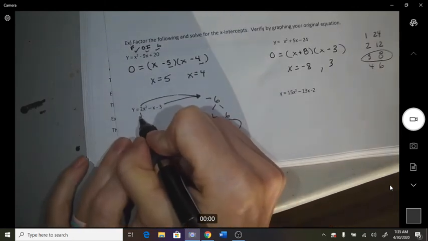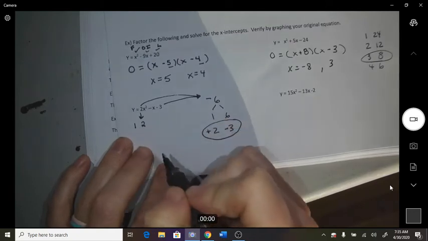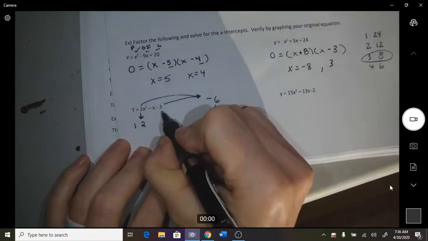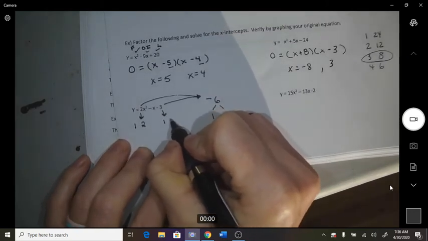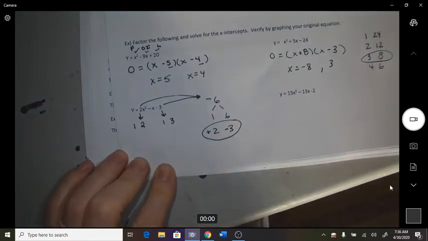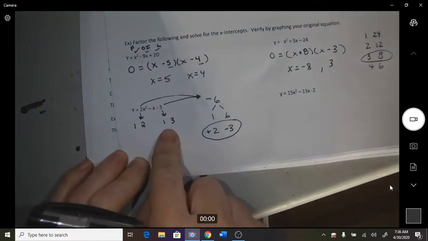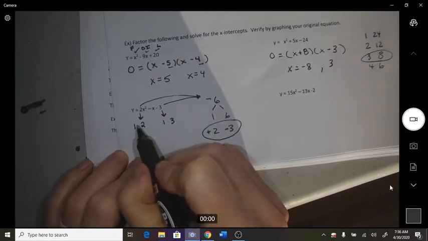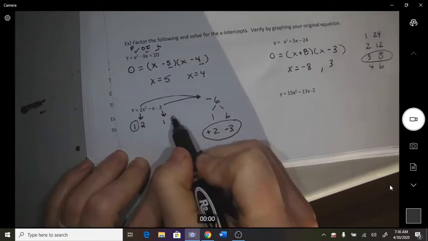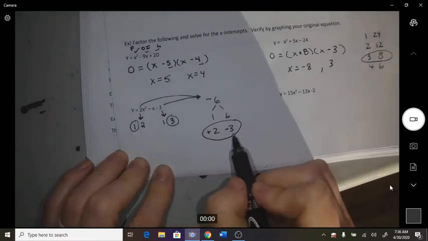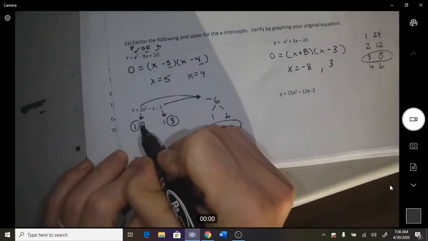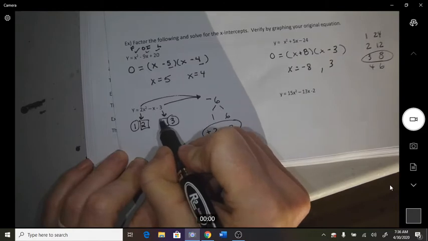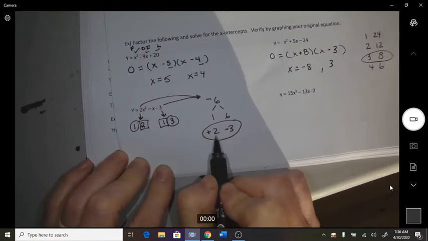Now I'm going to go under the 2 and say, how could I have gotten a 2? 1 times 2. How could I get a 3? 1 times 3. Now I'm going to pick combinations that will get me this. So if I take this 1 grouped with that 3, that's how I'm going to get the 3. And the 2 grouped with this 1 gets me a 2.